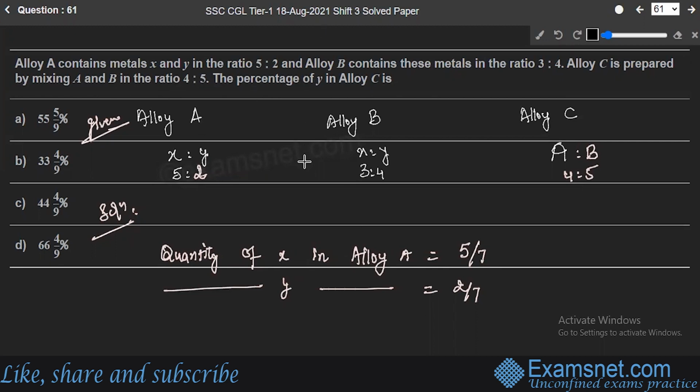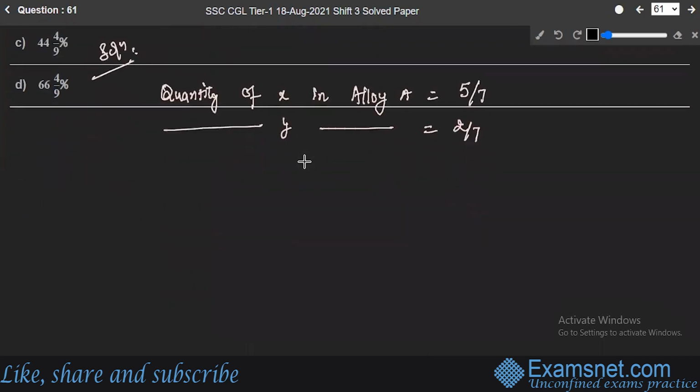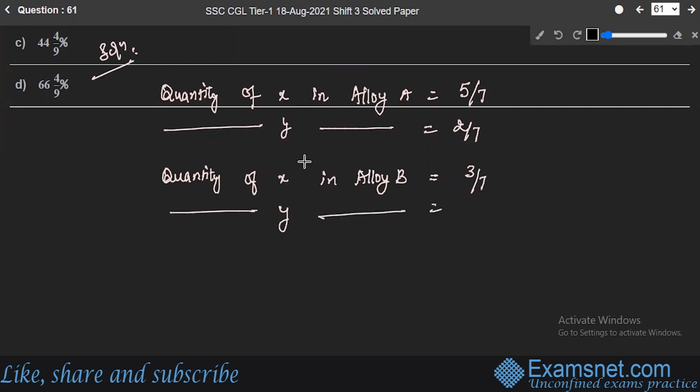The quantity of X in alloy B is 3 by 7. The quantity of Y in alloy B is 4 by 7. Correct. Now, C is made by the combination of alloys A and B in the ratio 4 is to 5.